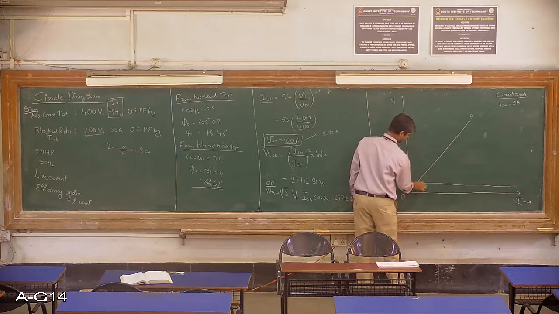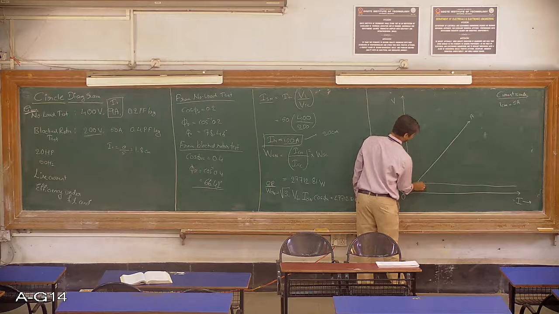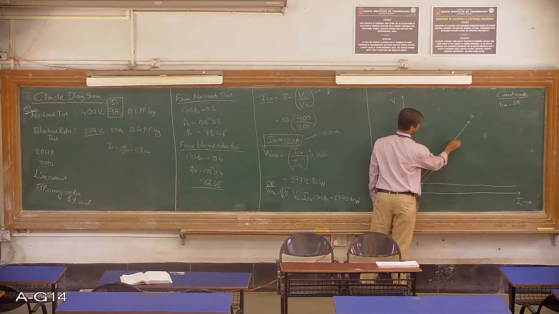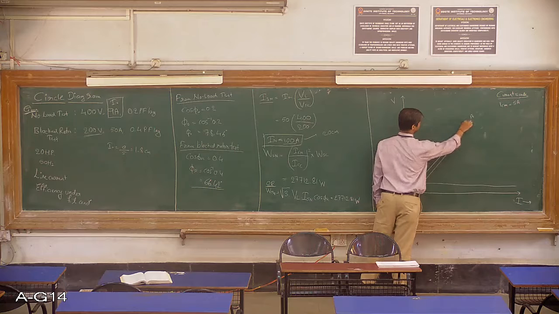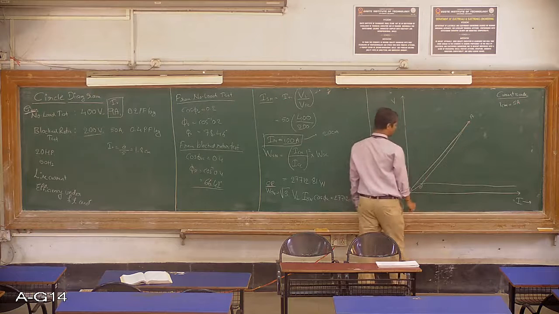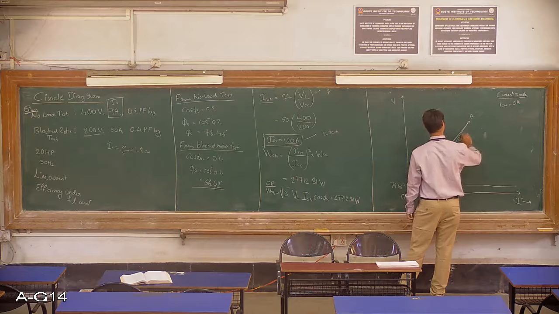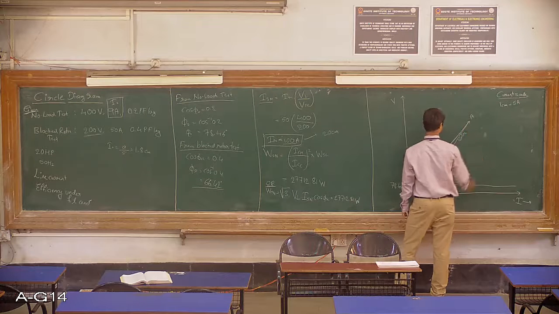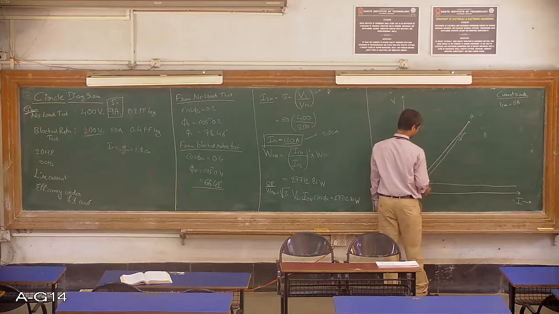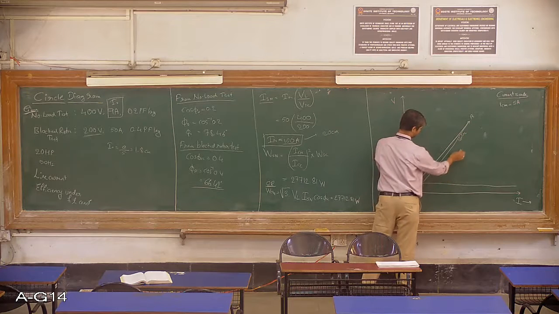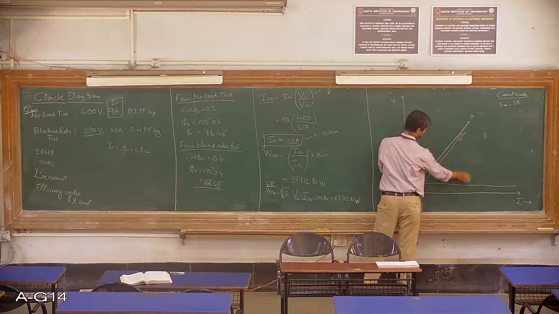Now we should be joining O dash and A. Now this is the output line. To this output line, we are going to draw a bisector.